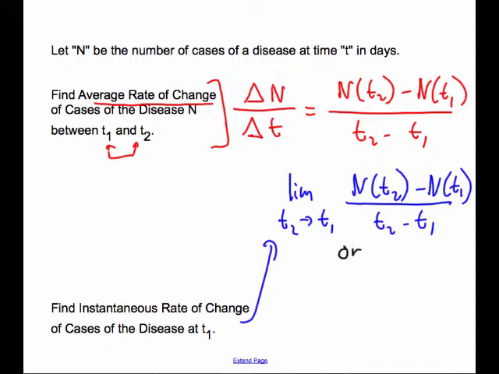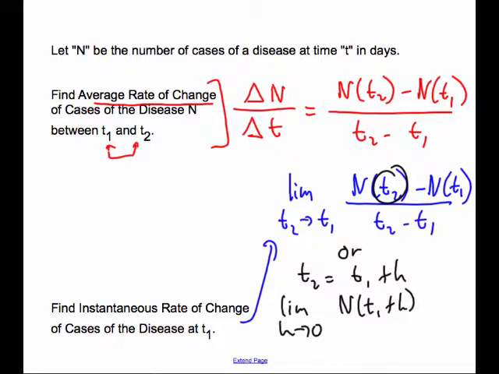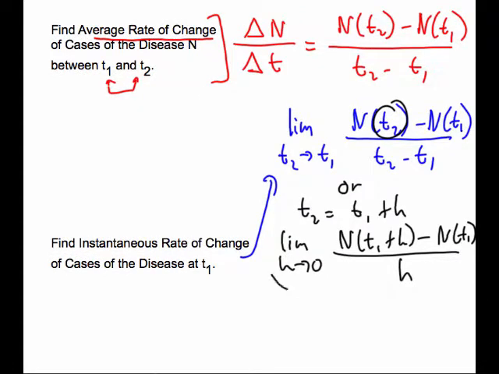Alternatively, if you wanted to call time 2 time 1 plus h, then you could rewrite the limit above as limit as h approaches 0 of n of t1 plus h minus n of t1 all over h. And the instantaneous rate of change can be notated as n prime at the point we're talking about, in this case t1.